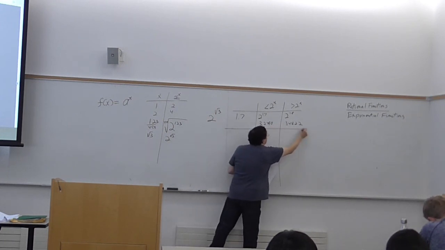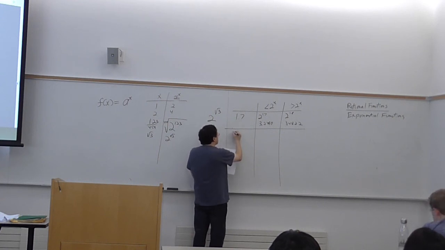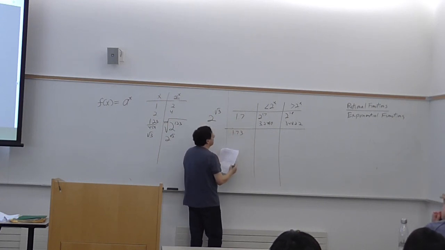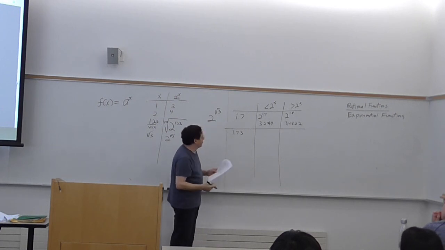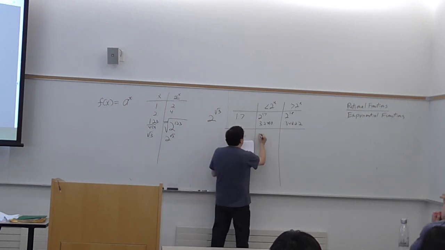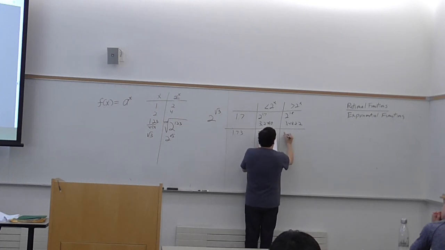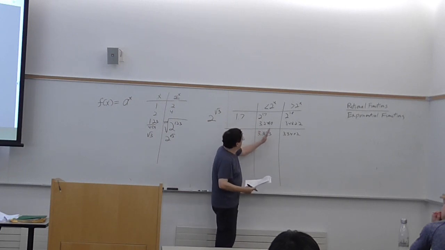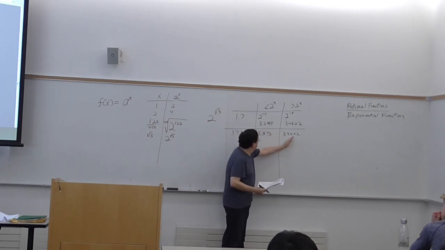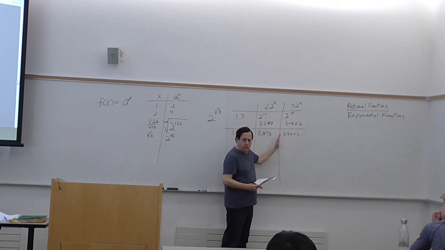Okay. Let me use a slightly more accurate, better approximation for the square root of 3. Now I get 3.3173 and 3.3402. So this got larger and this got smaller, and 2 to the square root of 3 is still between them. Right?